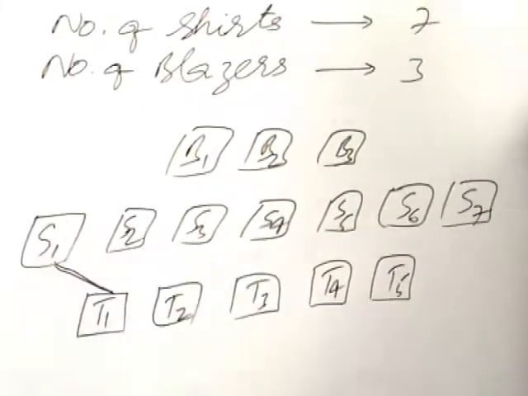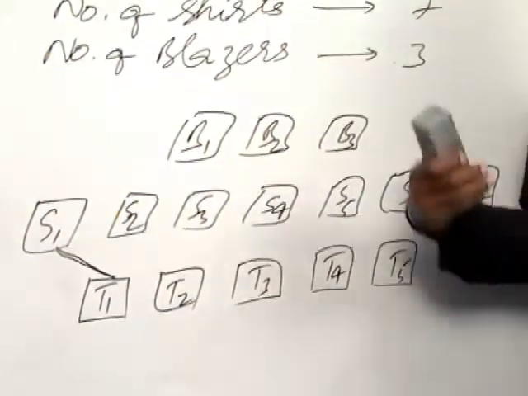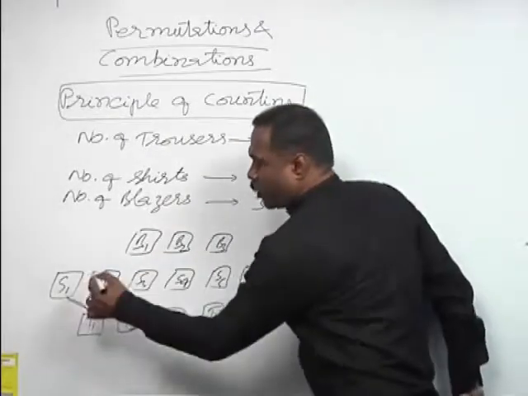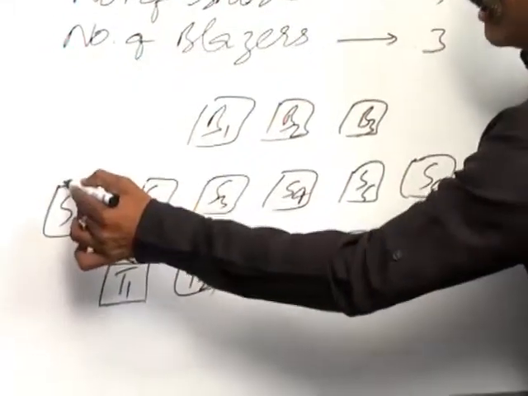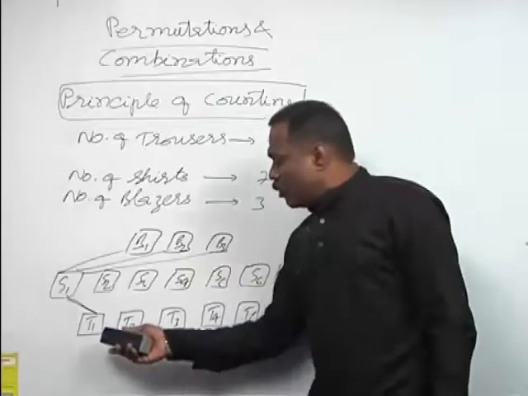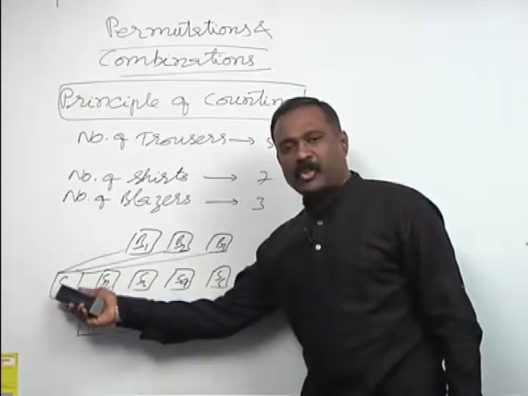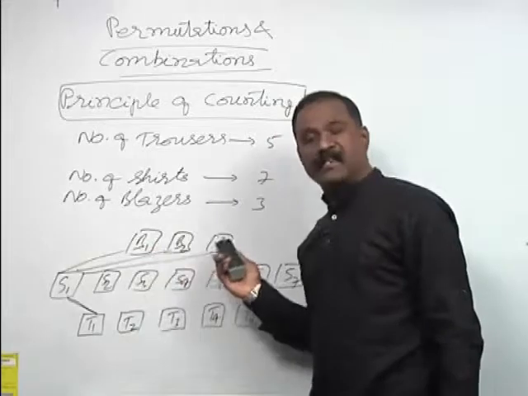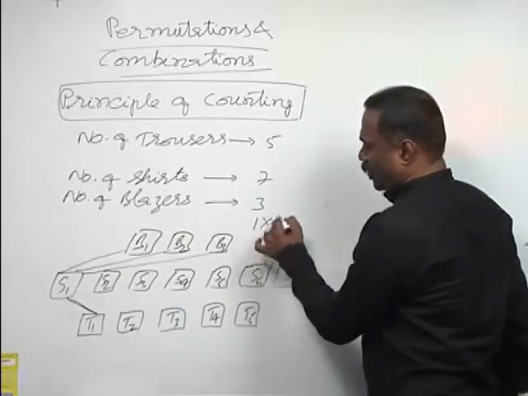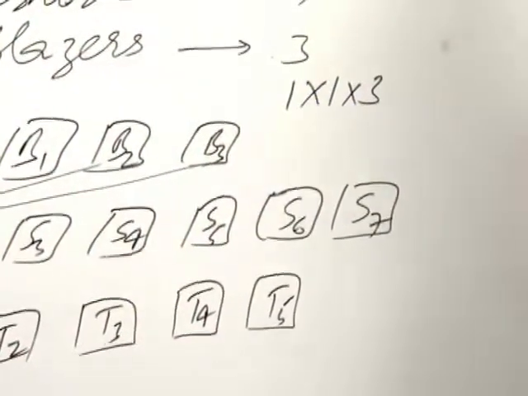So he's wearing the first trouser and the first shirt. Then for this combination, how many blazers can he wear? Number 1, number 2 and number 3. So for the first trouser and first shirt, he has 3 blazers to wear. That means it can be performed in 1 into 1 into 3 different ways.